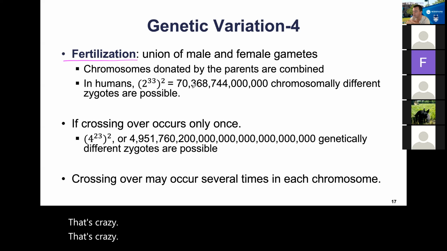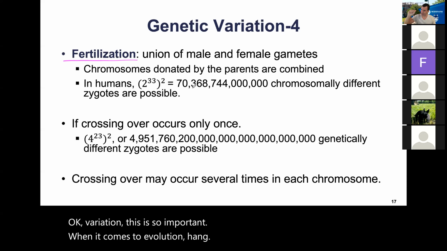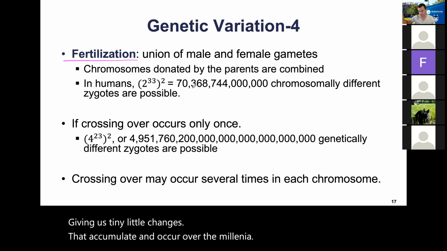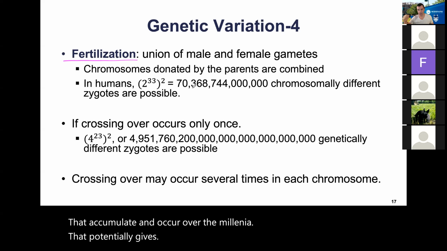This is what meiosis gives us. The big V, variation. Okay? Variation. This is so important when it comes to evolution. Okay? Giving us tiny little changes that accumulate and occur over the millennia that potentially gives an individual an advantage.